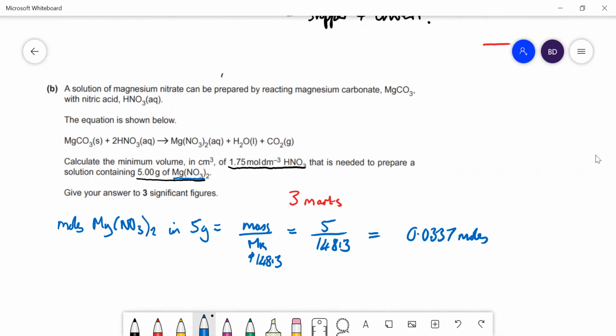Now we need to work out how many moles of nitric acid we need to form that many moles of magnesium nitrate. Well, to form 1 mole of magnesium nitrate, we need 2 moles of nitric acid.